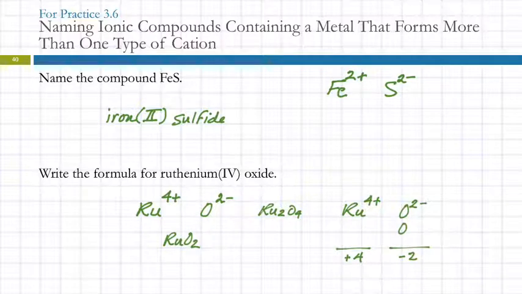I'll add one of these. And then this gives me a -4 charge. So now I have a +4, -4, those added together give me 0. And so my formula needs 1 ruthenium and 2 oxygens. So this is the correct formula right here. Any questions?